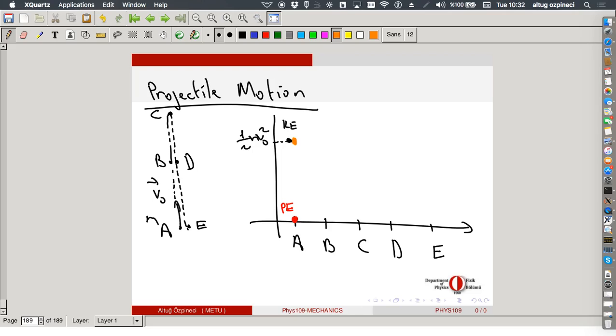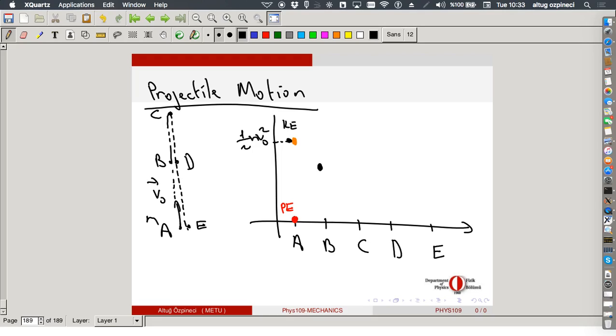At the point B, now we started here, we are going upward. So is the potential energy the same, smaller, or 0? Kinetic energy became smaller, so it will have some value. What about the potential energy? Is it 0, is it equal to 1 over 2 m v0 squared, or some value in between?